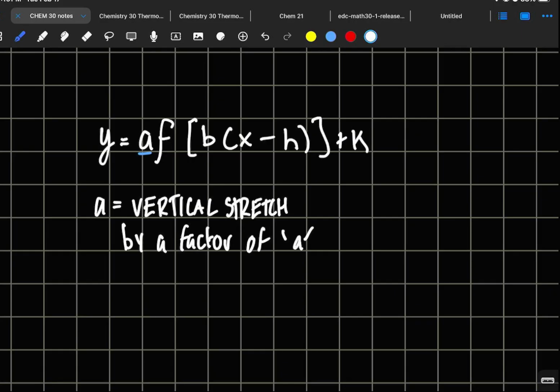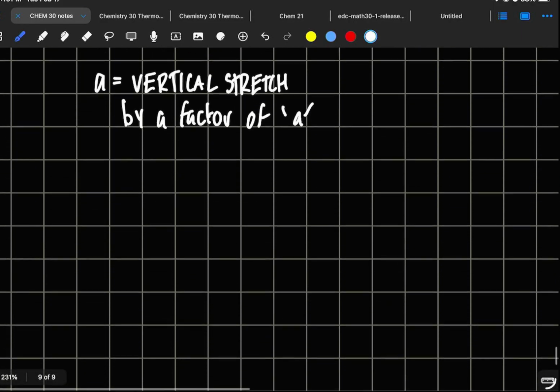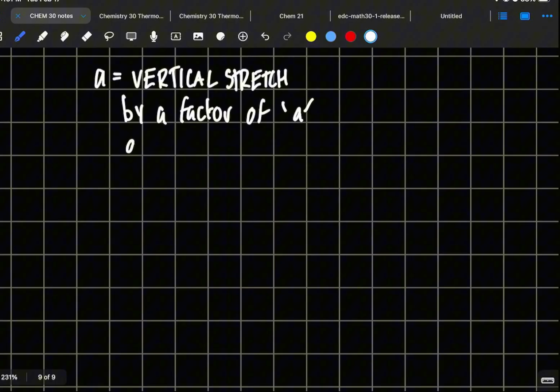Right now you don't really have to worry about that, but when you're asked to describe these transformations, all of them follow a pattern. When you're describing the A value, it's a vertical stretch by whatever A is equal to, and this is about the x-axis.